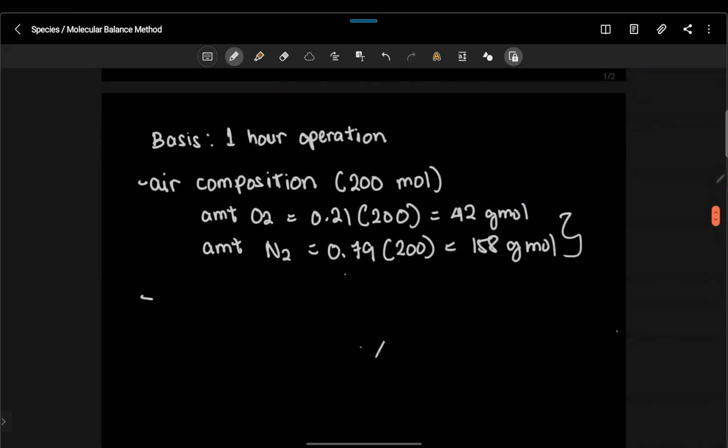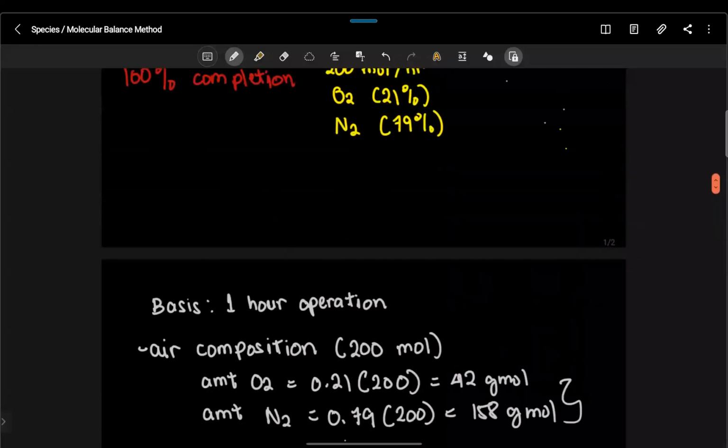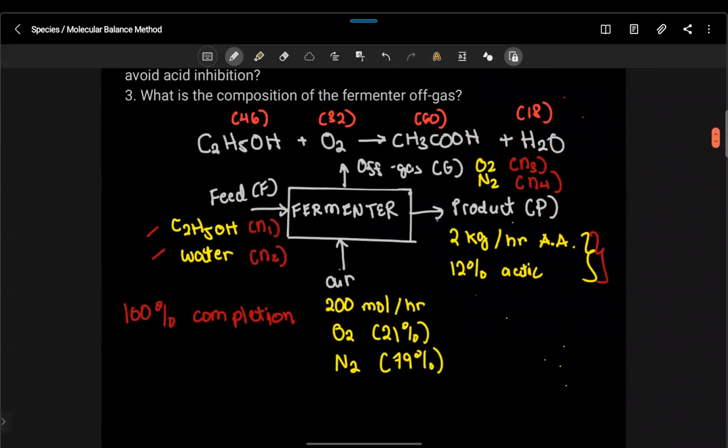Next, let's consider the product composition. Kasi kung napapansin nyo, mahahanap na agad natin yung composition or amounts ni product stream kasi sila yung target eh. Ang unknown talaga dito is yung feed. So for product, we don't know how much product total ang meron dun sa stream na yon. So kung babalikan natin yung ating stream or ating flow sheet, ang total amount ni product ay we use the symbol P. Okay?